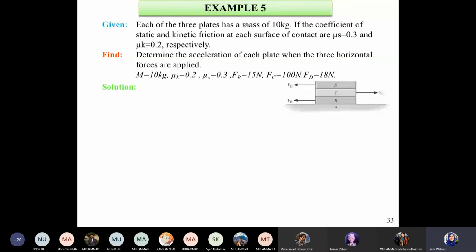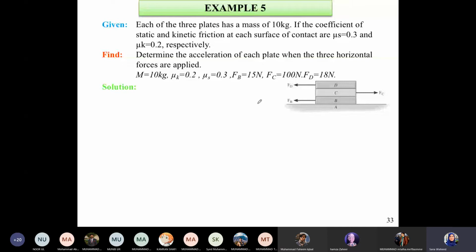Each of the 3 plates has a mass of 10 kg. If the coefficients of static and kinetic friction at each surface of contact are mu s is 0.3 and mu k is 0.2 respectively, determine the acceleration of each plate when the 3 horizontal forces are applied.